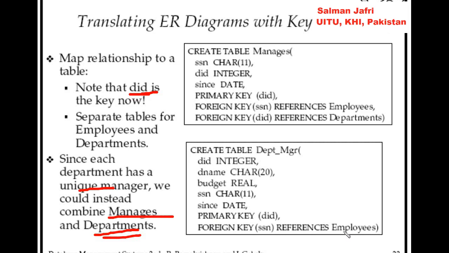That is, we have combined the department and managers tables. Can everyone see? Because DNAME was in the department, it is now occurring in the same table. So we have used aggregation and combined department and manager. Both of these approaches are correct as far as the design is concerned.